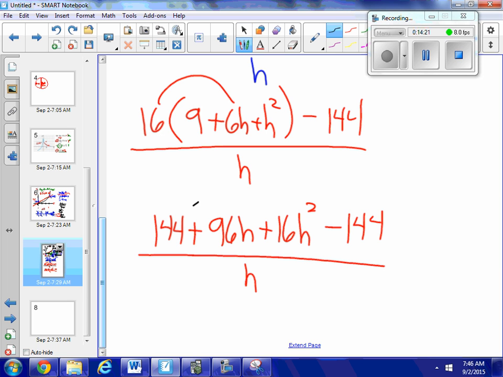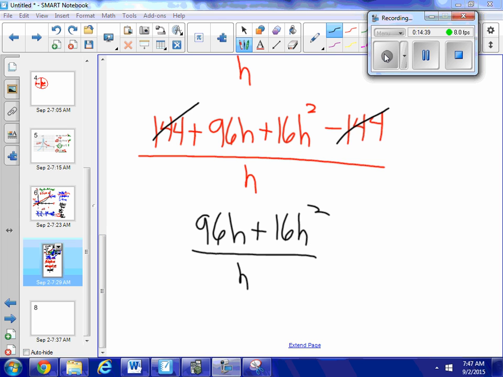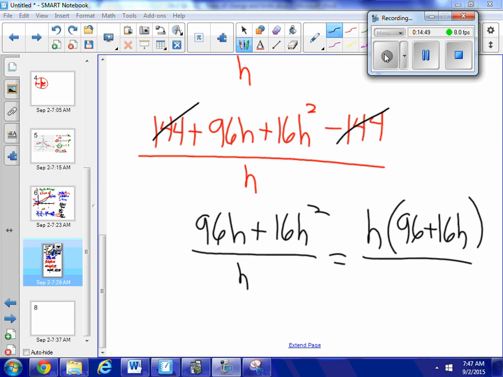Well, these 144s cancel out because one's positive and one's negative. And I have 96h plus 16h squared over h. So what I'm going to do is factor out an h. So I have h times 96 plus 16h divided by h.